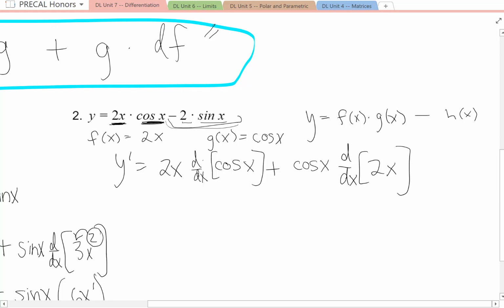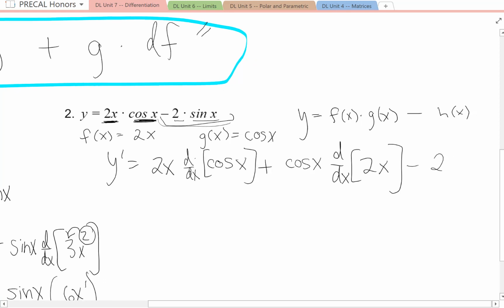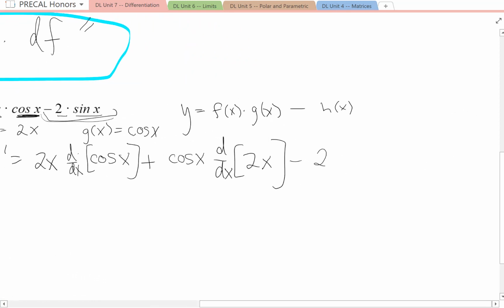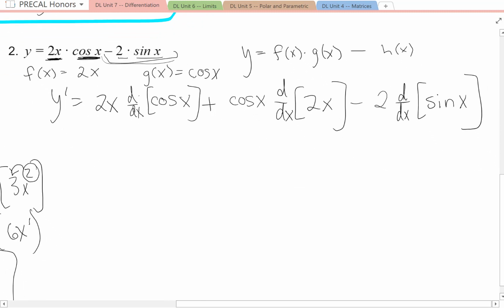But we're still subtracting this 2 sine x. So 2 sine x would be 2 times, we can take the 2 out, so 2 times the derivative with respect to x of sine x, because 2 is a constant.